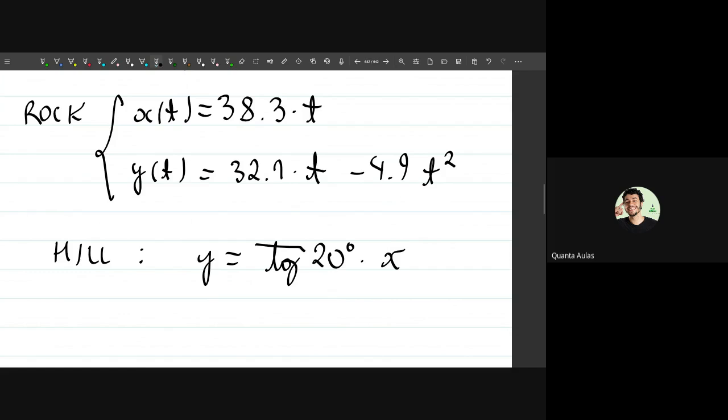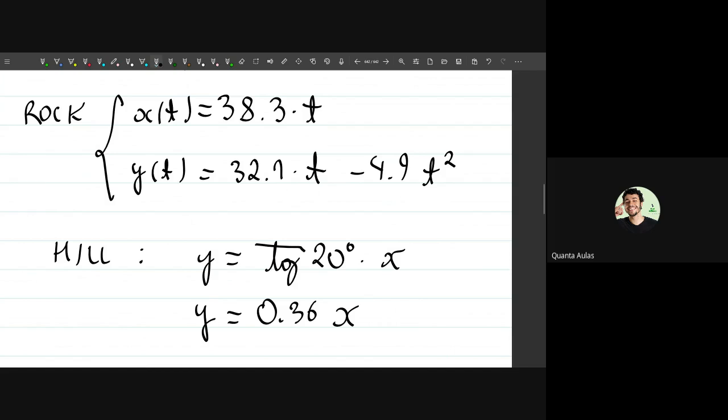What's the tangent of this angle? If you put this in your calculator, you will get 0.36 times x. This is the expression for our hill.